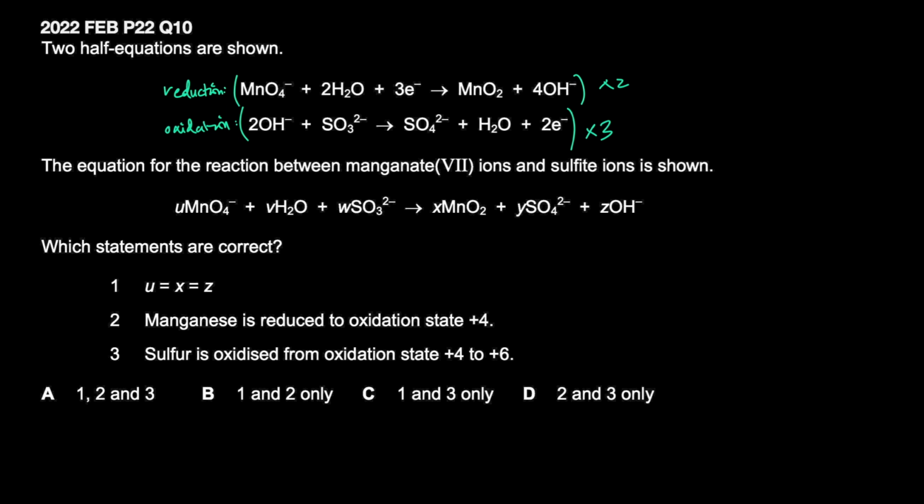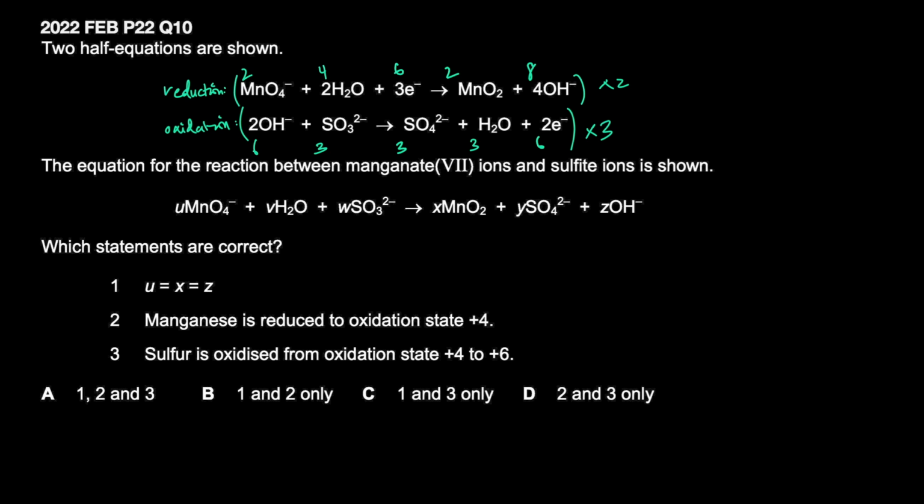So we get 2MnO4 minus reacts with 4H2O, 6 electrons, and we have 2MnO2, and we have 8OH minus. And then in the second equation, we multiply the second half equation by 3, so this becomes 6OH minus plus 3SO3 2 minus gives you 3SO4 2 minus plus 3H2O and then 6 electrons.